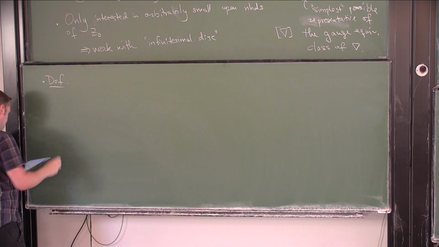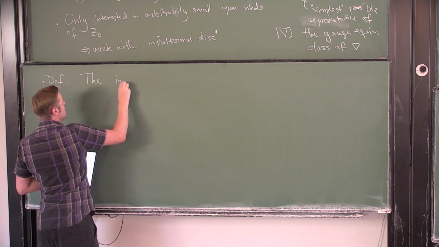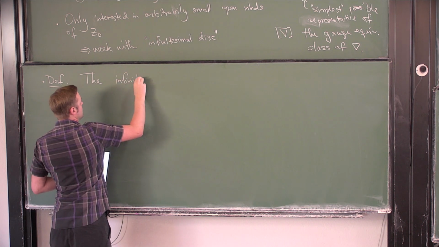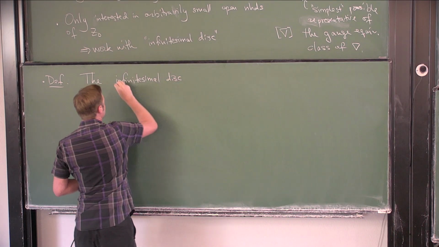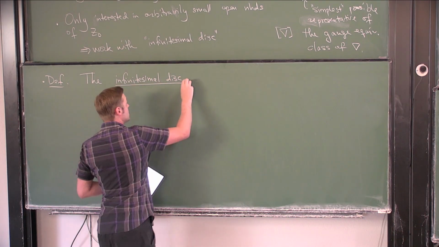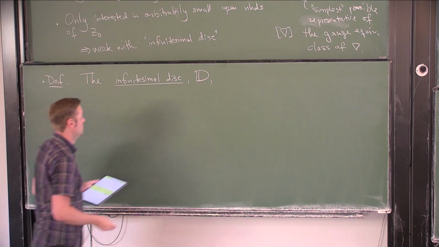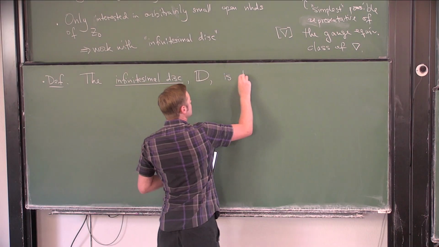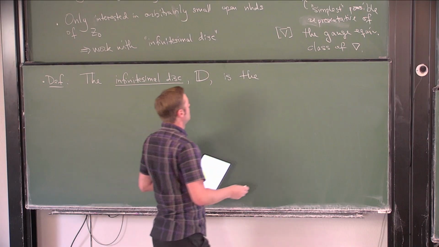So, definition: the infinitesimal disk, which maybe I'll denote by D, is the equivalence class of all neighborhoods containing the origin.